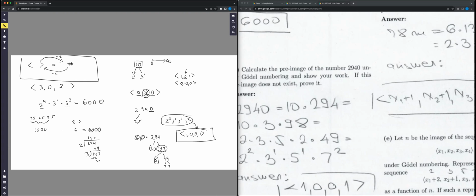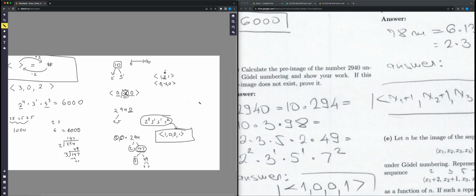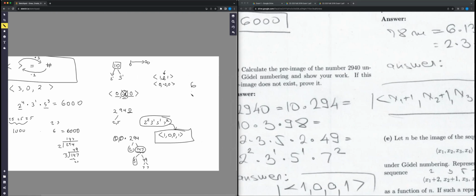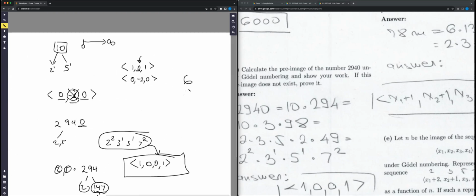Kind of. So if you're given, for example, 6, you have to figure out the sequence by finding out what primes add to 6. Or no, not add, that's multiply. Prime factorization is multiplication. So you multiply the primes to get 6.